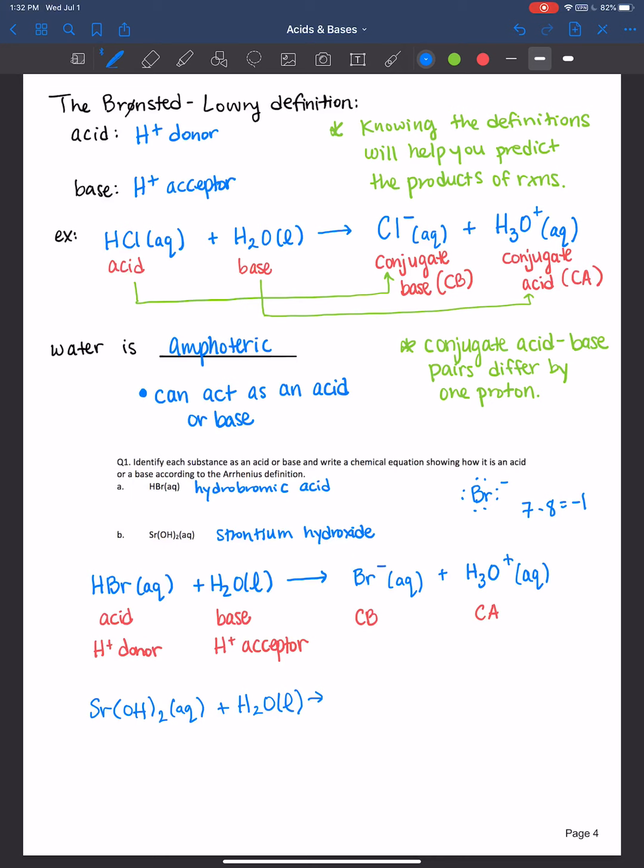The Bronsted base definition will work better for when we start doing the weak bases of our ammonia derivatives. But for this one, the Arrhenius definition is it produces hydroxide ions in solution. Since it's a strong base, we use a single-headed arrow going forward, and it dissociates completely into the strontium 2+ cation plus 2 hydroxides.